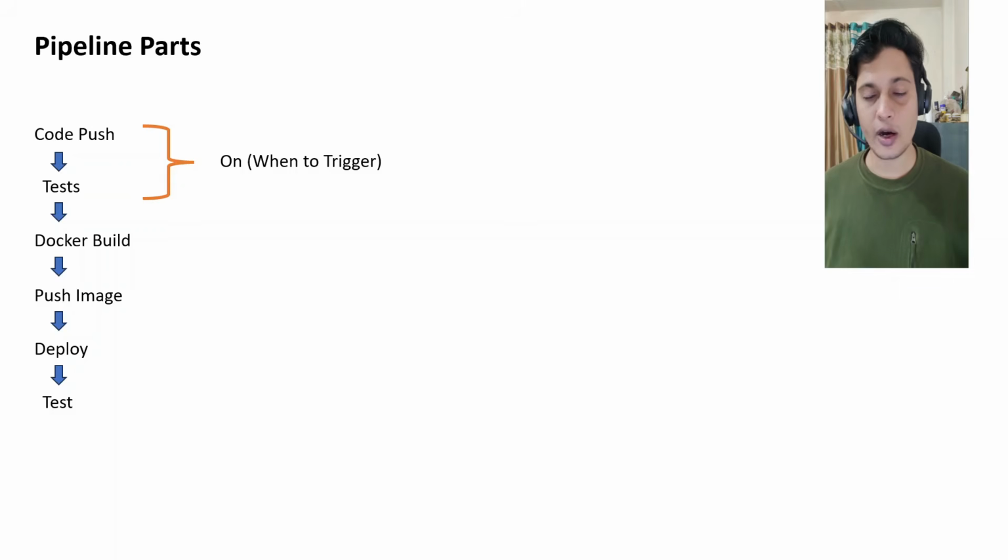These kinds of outputs, these two steps will provide to GitHub Actions. Then GitHub Actions will check the instructions on what actions I need to run when these things happen. So it is the first part, on.